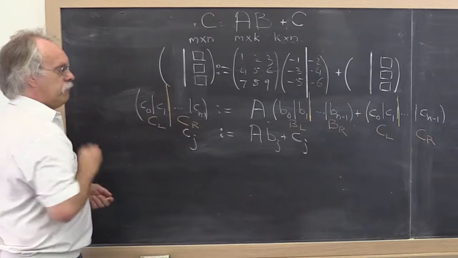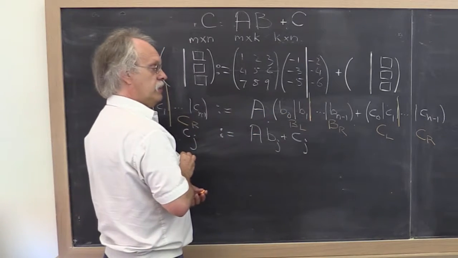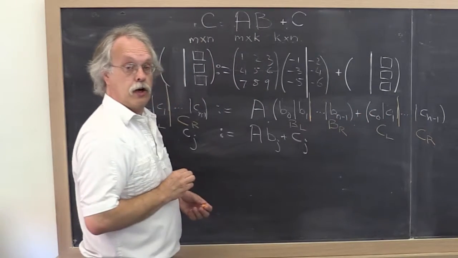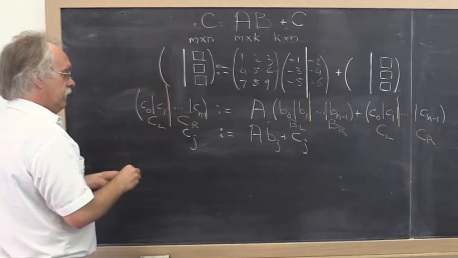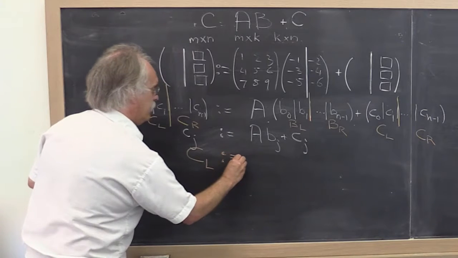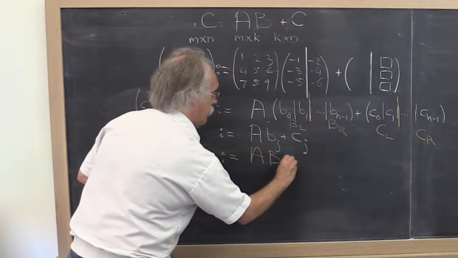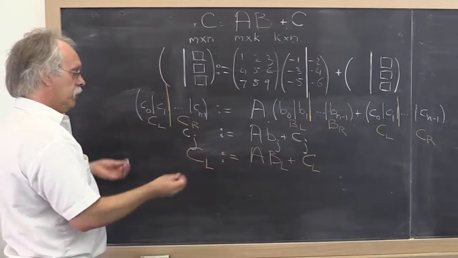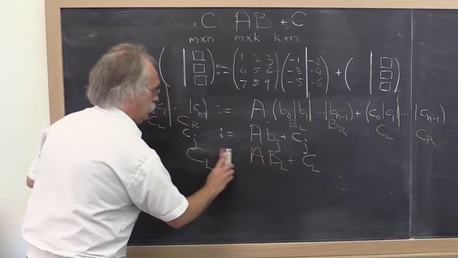Each column in the left part is simply computed as A times the corresponding column in the left part of B added to the columns in the left part of C. So we can conclude that the left part of C should be updated as A times the left part of B plus the left part of C.